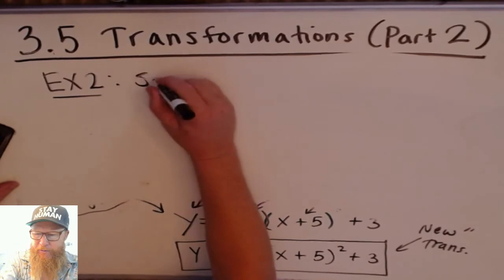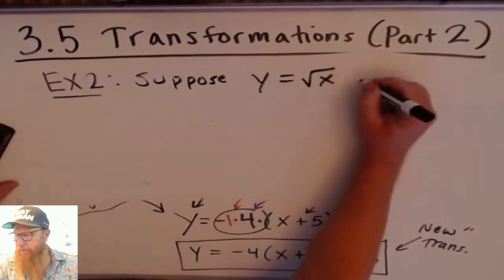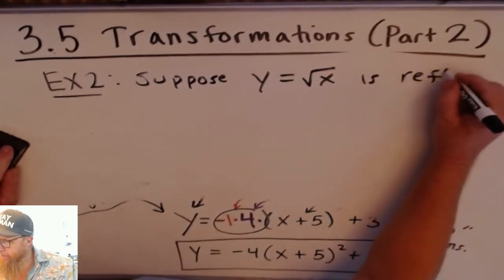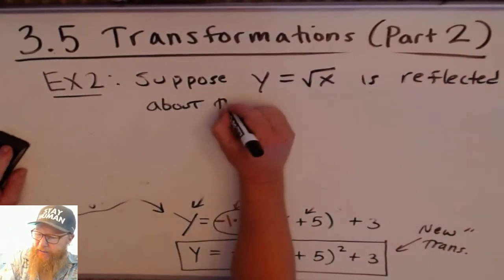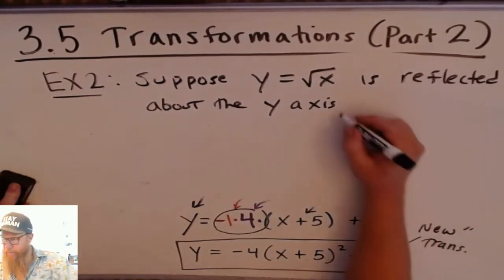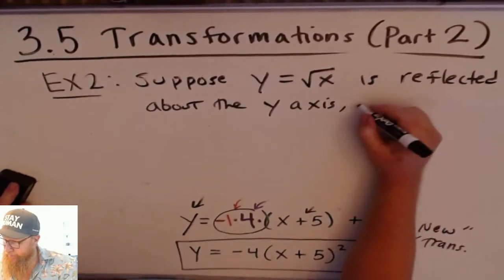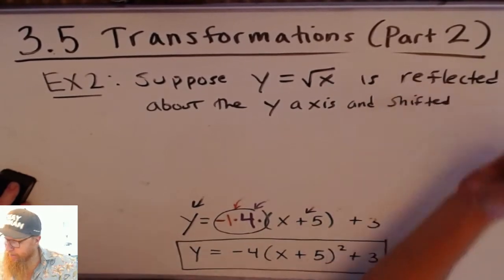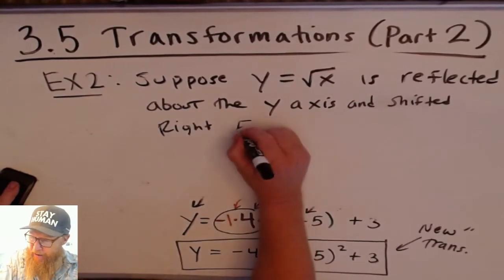So suppose y equals the square root of x is reflected about or across the y-axis. And shifted right 5 units.